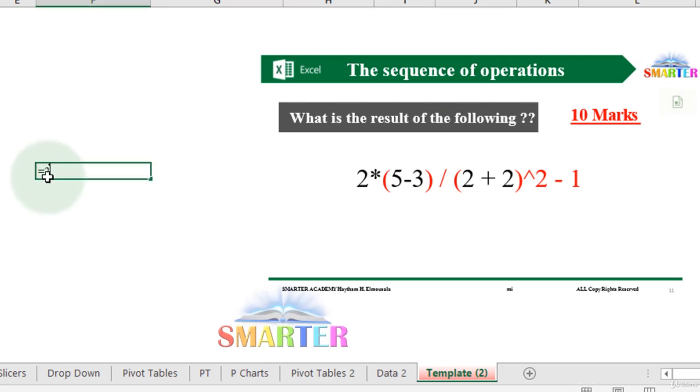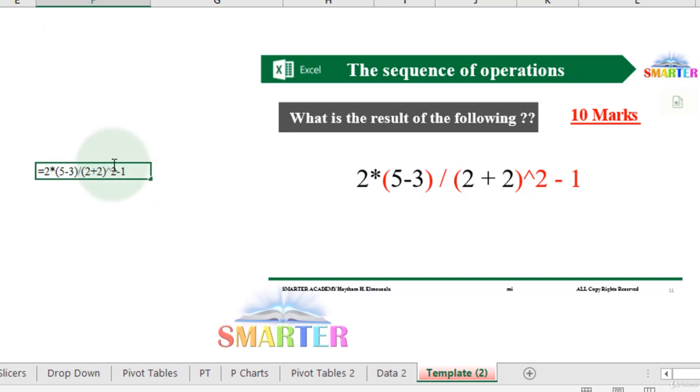Equal 2 multiply 2, parentheses 5 minus 3, forward slash 2, parentheses 2 plus 2, power 2 minus 1.